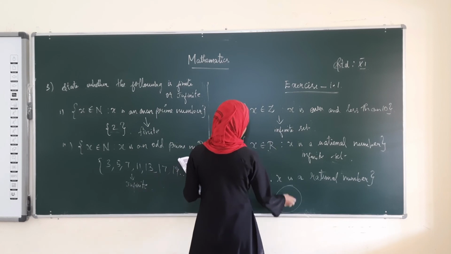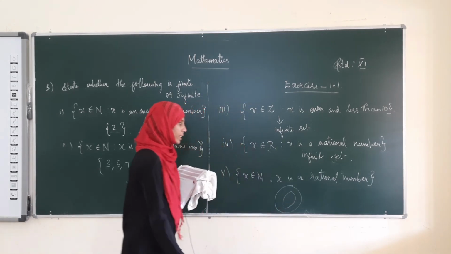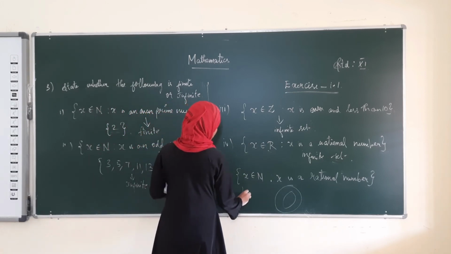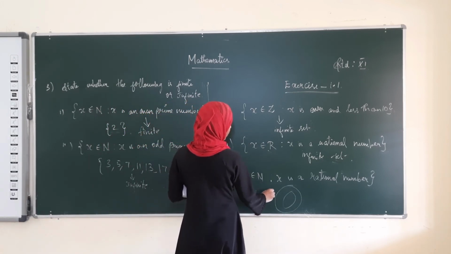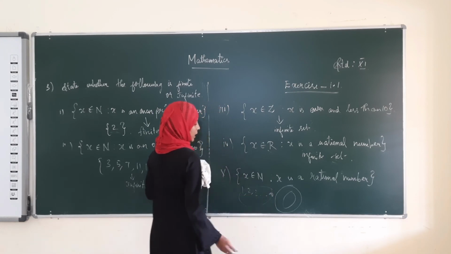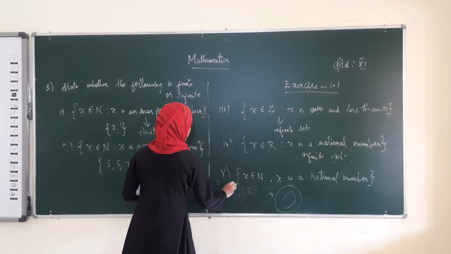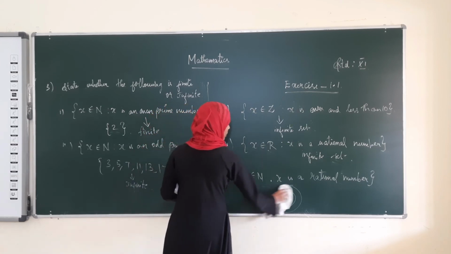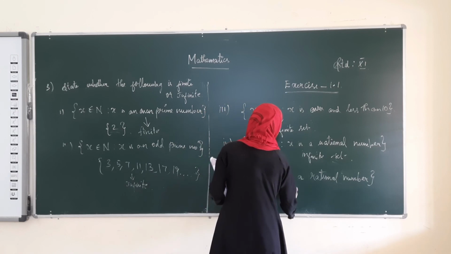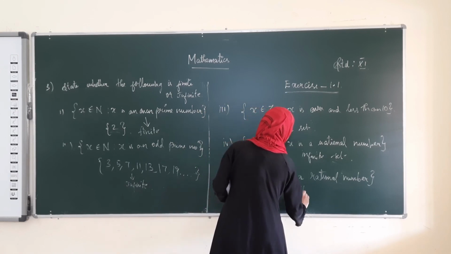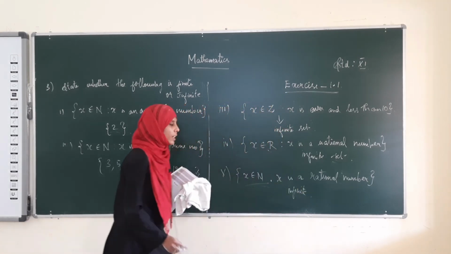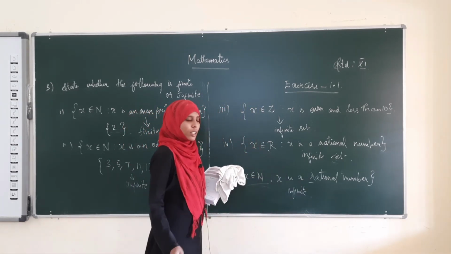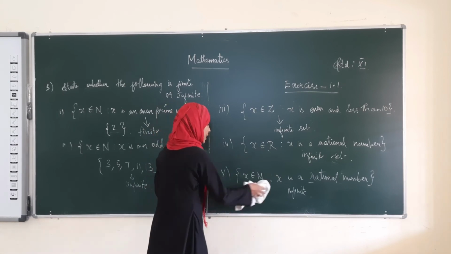Natural numbers means it comes from 1, 2, 3, and so on up to infinity. In this, we have to find rational numbers. That is 4 divided by 2, 6 divided by 2, like this. There are many rational numbers. We cannot count this. Therefore, this is also infinite because the natural numbers are infinite, right? In that infinite set, we are again going to find the infinite rational numbers. Therefore, the whole set becomes infinite.